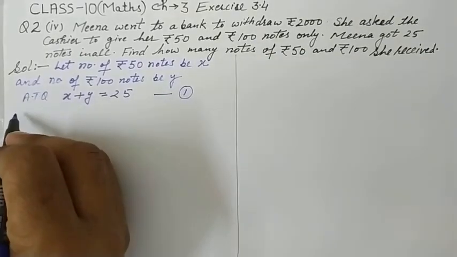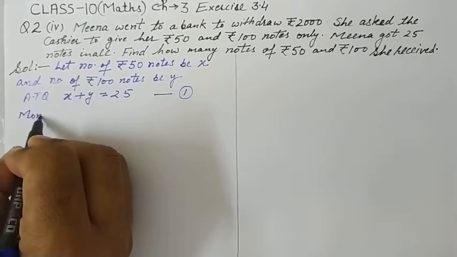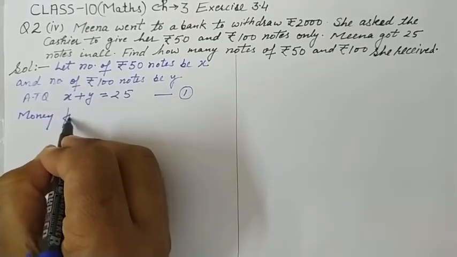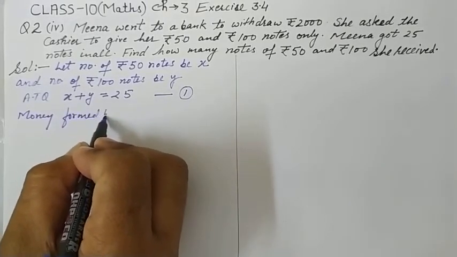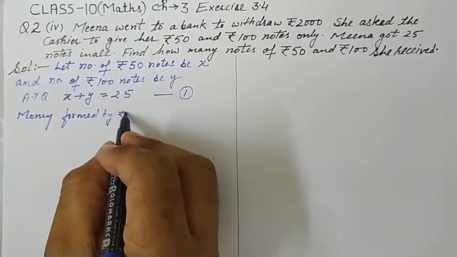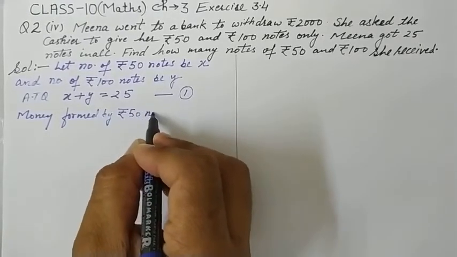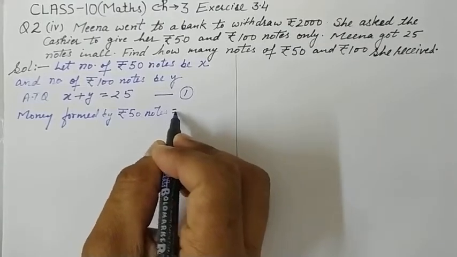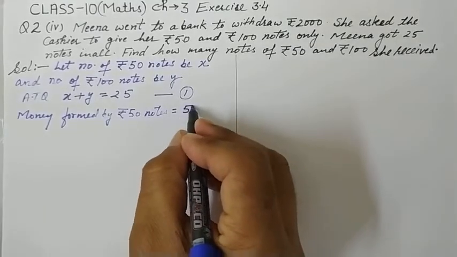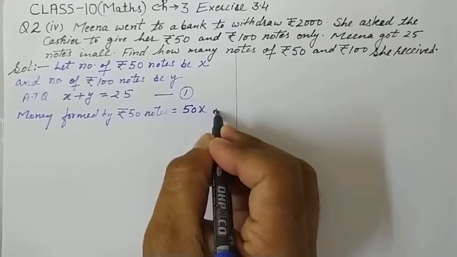So we'll write money formed by rupees 50 notes is equal to 50x rupees.